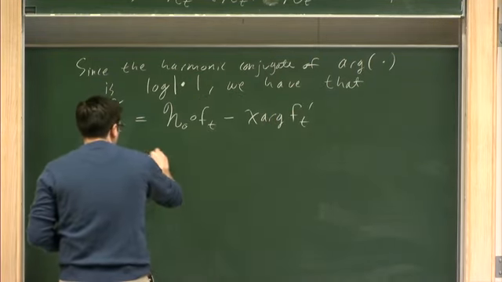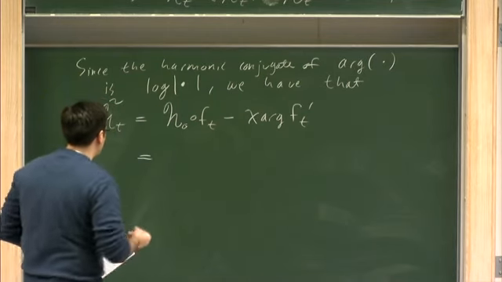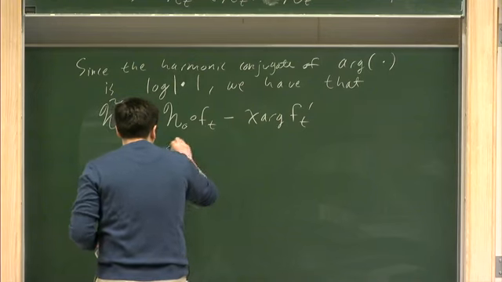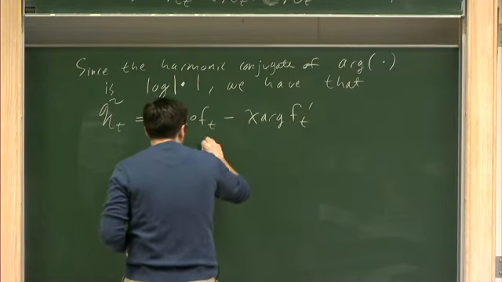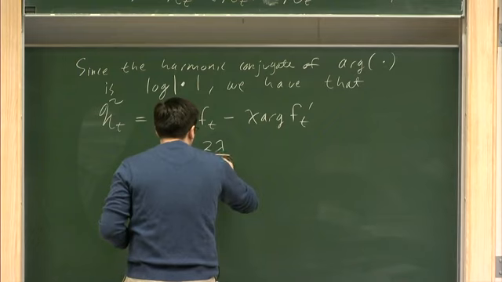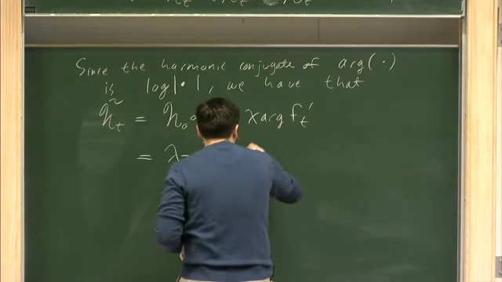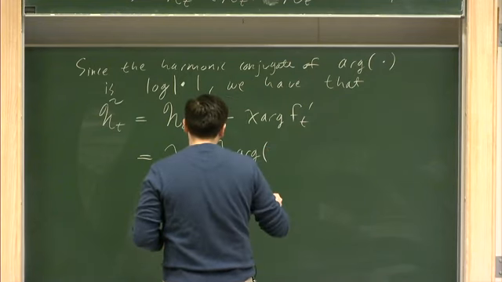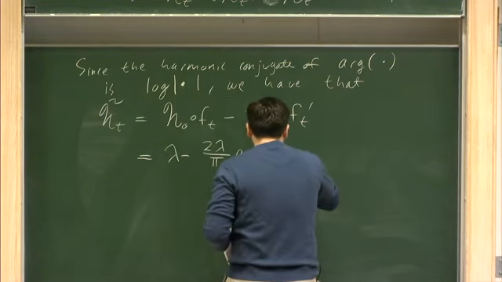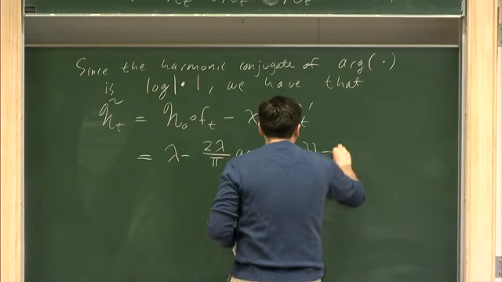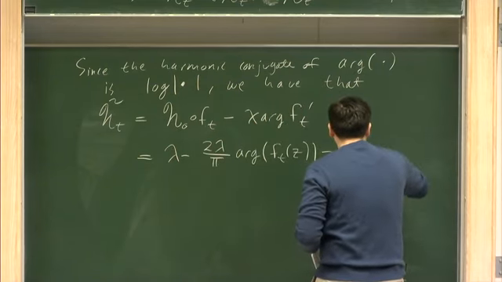And if you think about it for a moment, you'll see that this is the same thing as lambda minus 2 lambda over pi times the argument of ft of z, minus chi times the argument of ft prime.